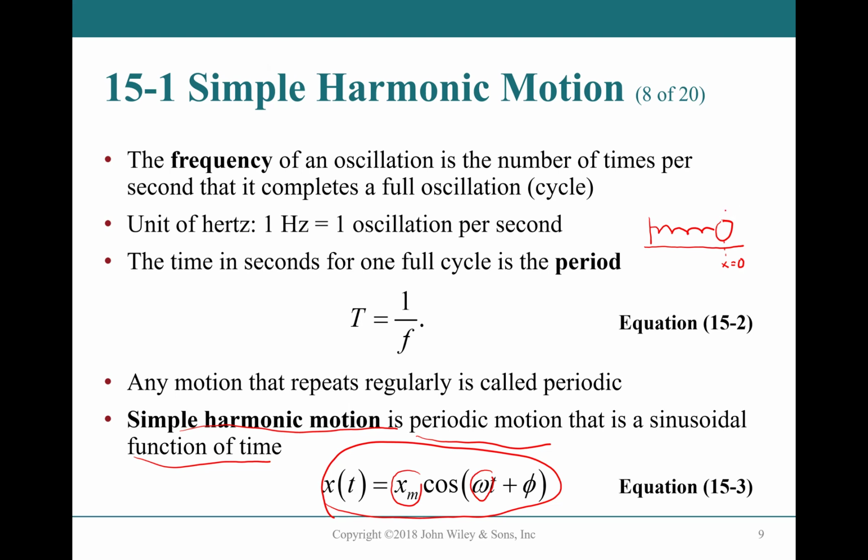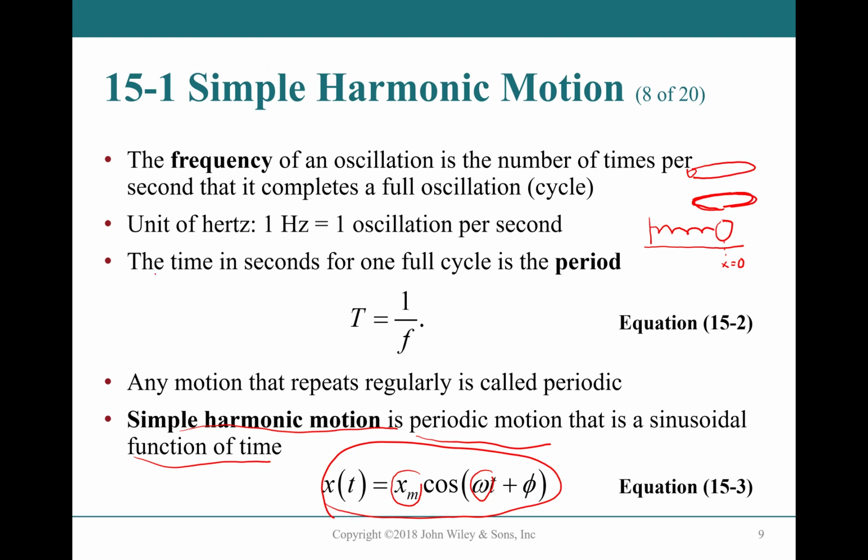The period is the time for one cycle. So it's the time it takes the object to go from here and then go back to here. Or you can say it goes from here and then goes back to here. So the time it takes for one cycle.